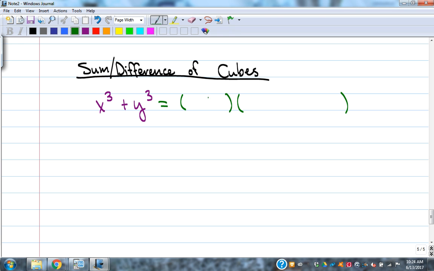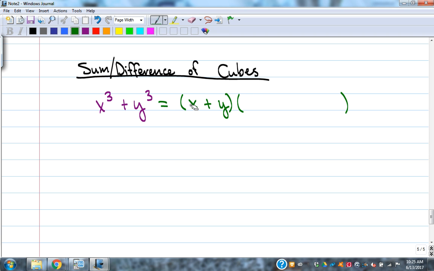So if it's plus, then it's x plus y. The long factor is always the opposite. Long has an O in it. O is opposite.